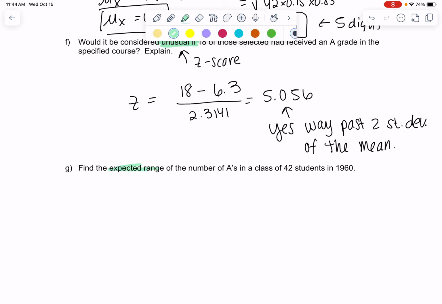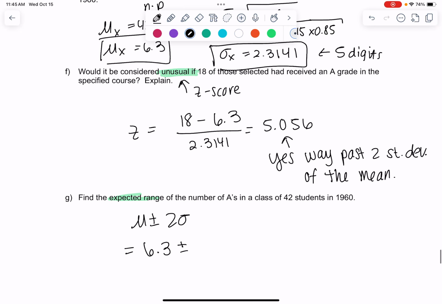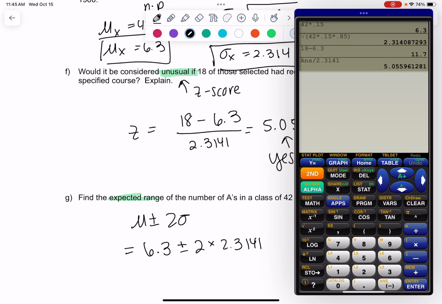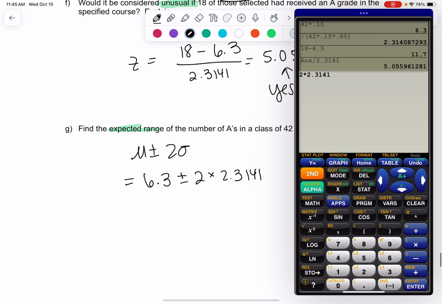But expected range, we've done a bunch of times too. It's just the mean plus or minus 2 standard deviations. So 6.3 plus or minus 2 times the numbers we just found. So 2 times 2.3141. We've done expected range a lot, so it's worth trying without me. See if we're picking up on this stuff.